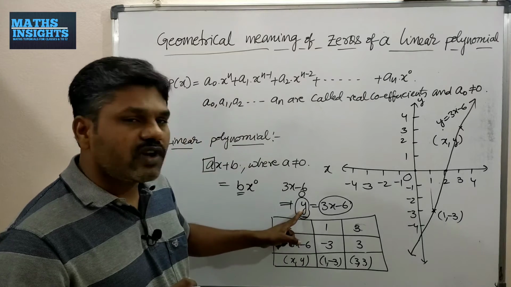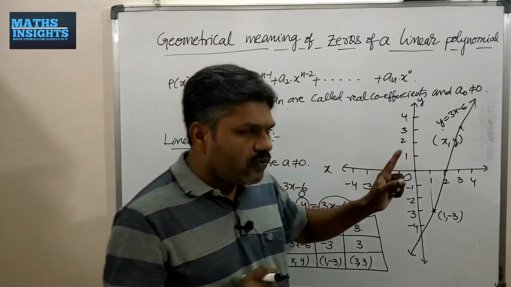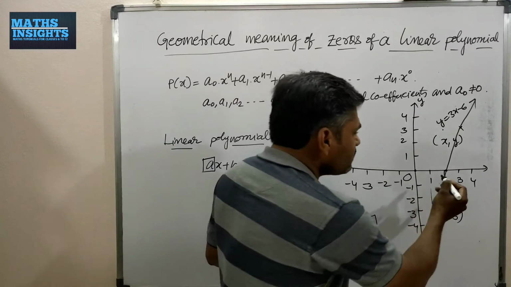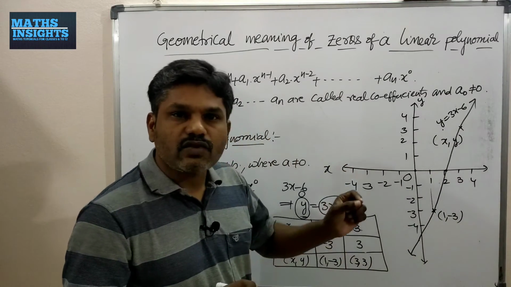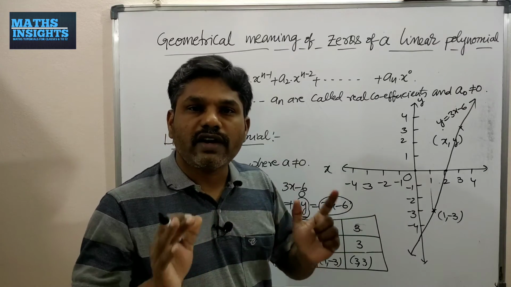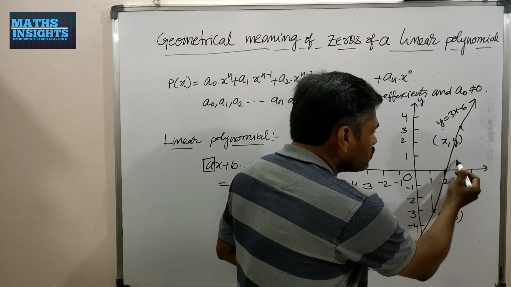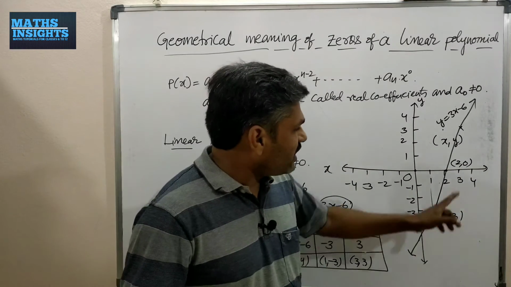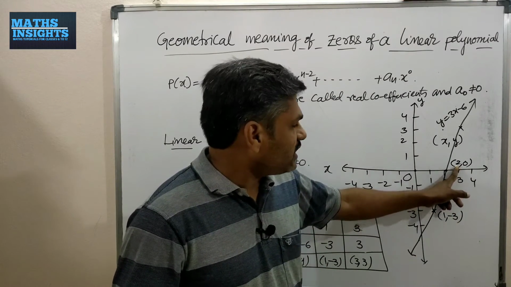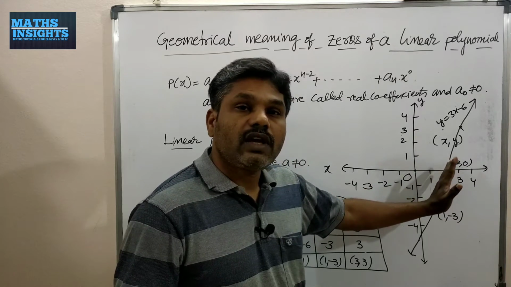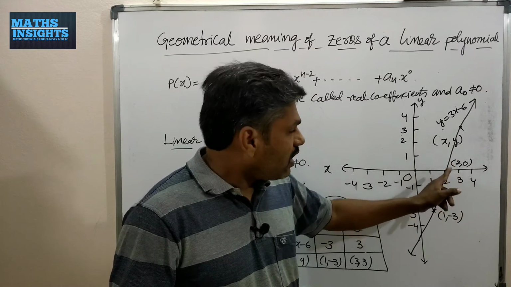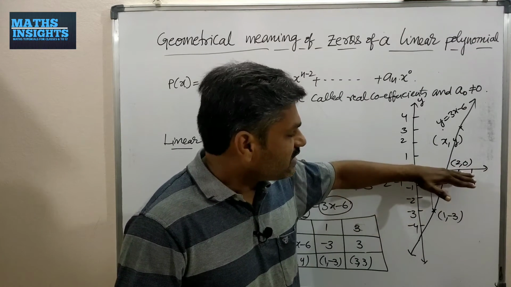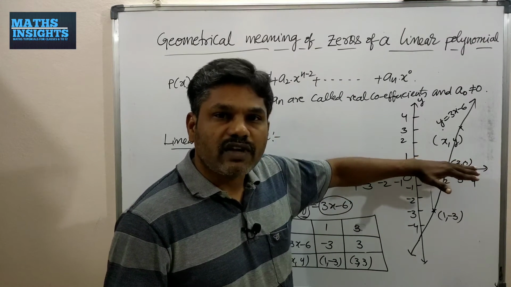Therefore, to make this y value 0, you have to find where this straight line is meeting the x-axis. It is meeting here. That is also a point. It will have coordinates. See, the x coordinate is 2 and the y coordinate is 0. What does it mean? 2 means it is 2 units away from the y-axis on the x-axis, and this 0 means it is 0 units away from the x-axis.